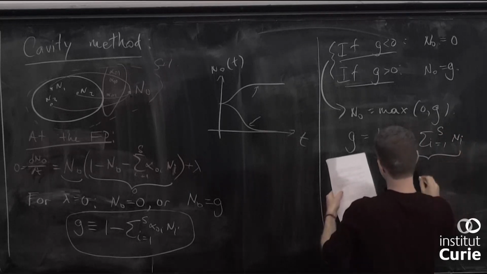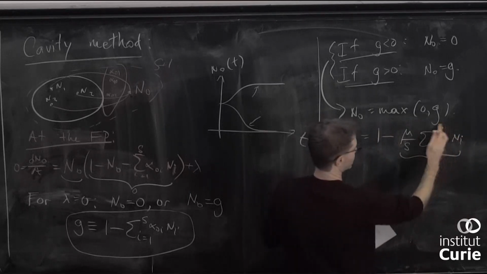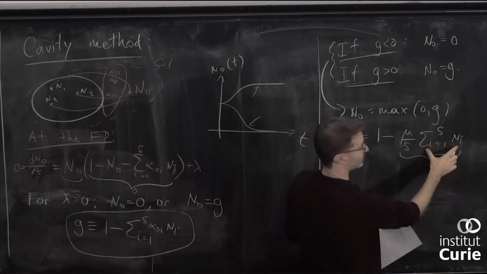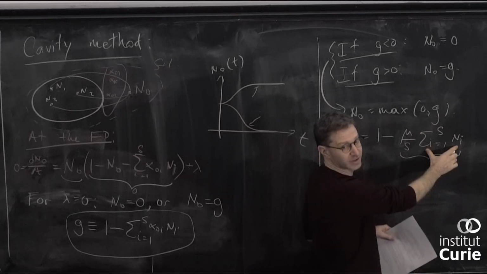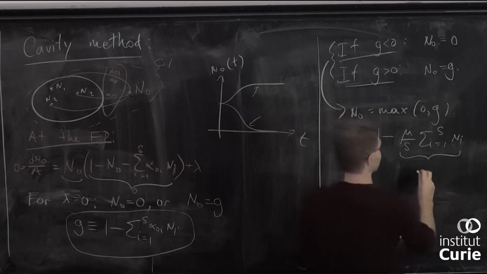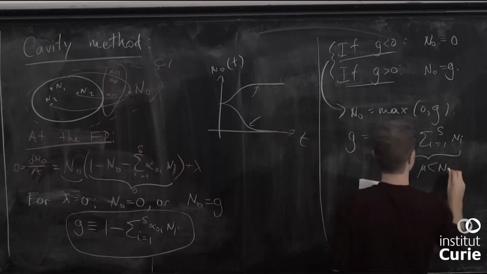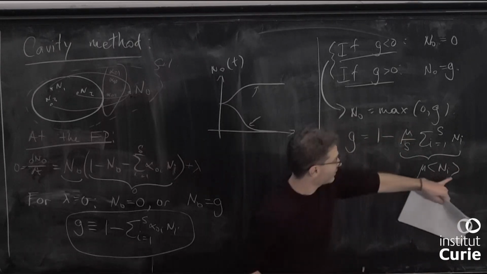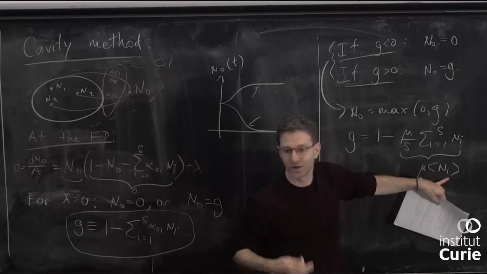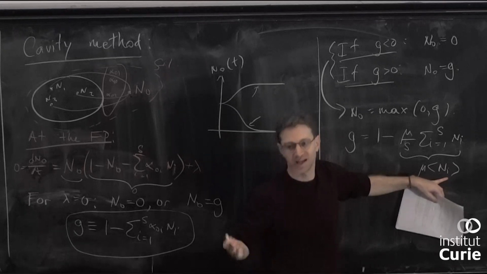And this is roughly equal to, there are S terms here, so I replace them with the average times S. Divided by S, I'm just getting mu times the average of Ni. Any Ni here, all of them have the same average. It's just the average over all species.